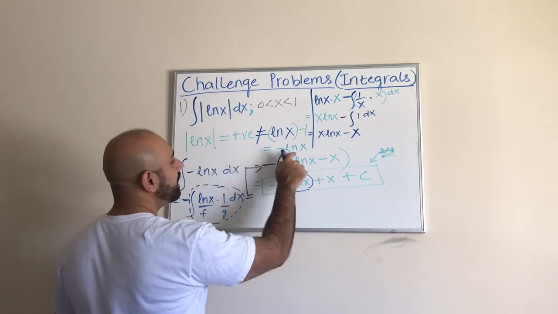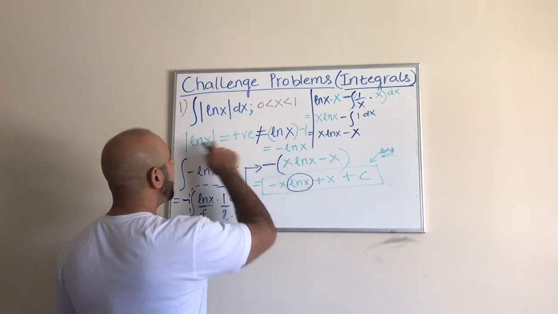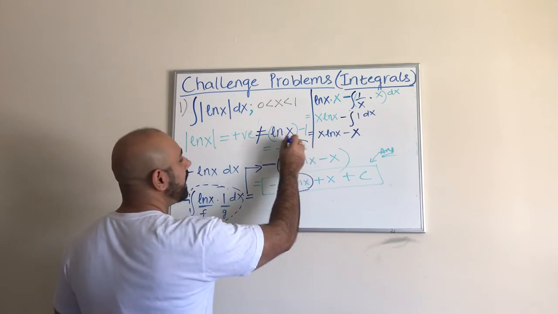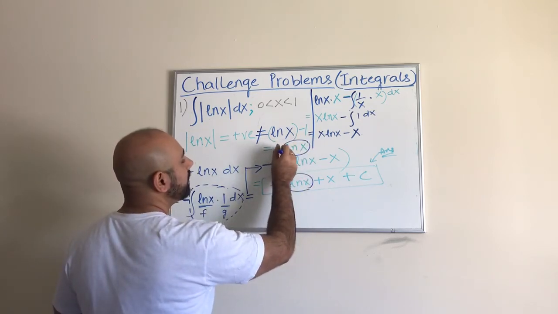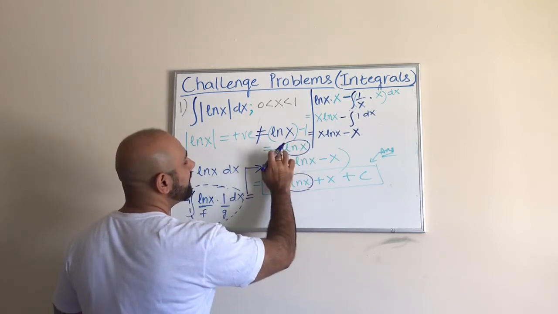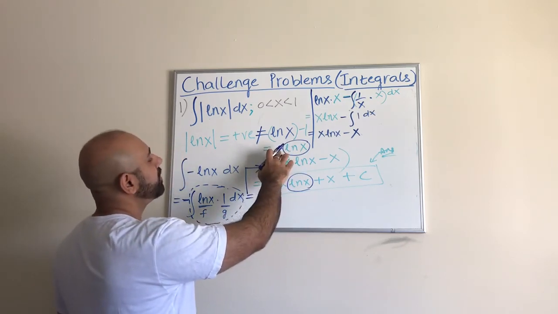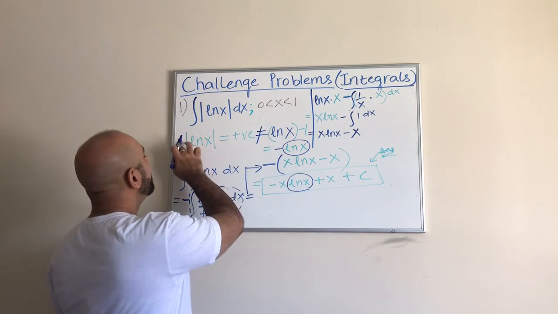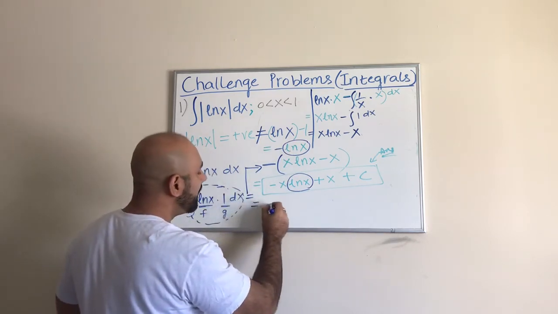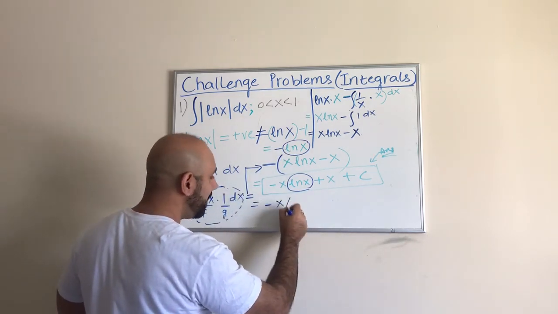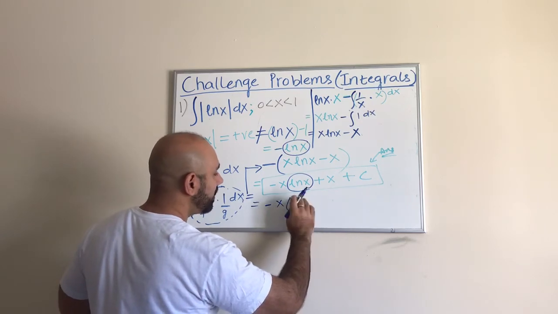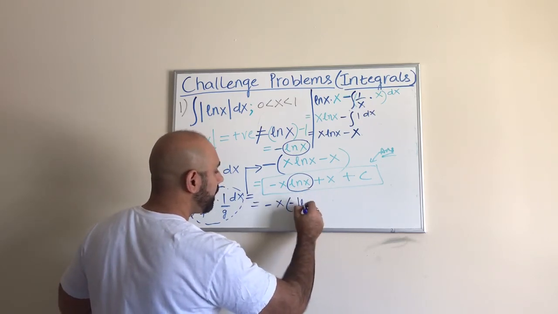So I can just rewrite this as absolute value. How can I get this as an absolute value? I just had to solve for this, meaning I just had to get rid of this negative. So I multiplied negative to both sides. So what I got was a negative ln of x. So this was the same as minus x and then times negative ln of x.